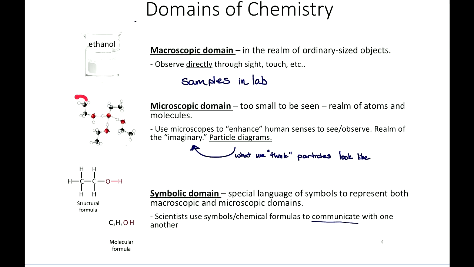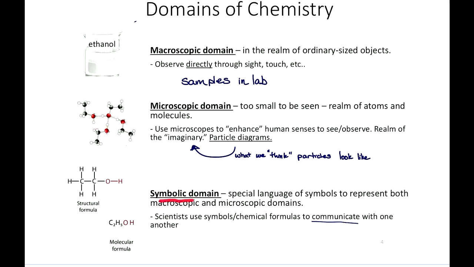These pictures that I have of ethanol molecules are just me trying to represent what ethanol actually looks like on a particle level. Can you see atoms? No, you can't. It's way too small. All right, so we have to imagine it with this microscopic domain, what we think particles look like. So that's our second language that we're using, trying to imagine what these particles look like.